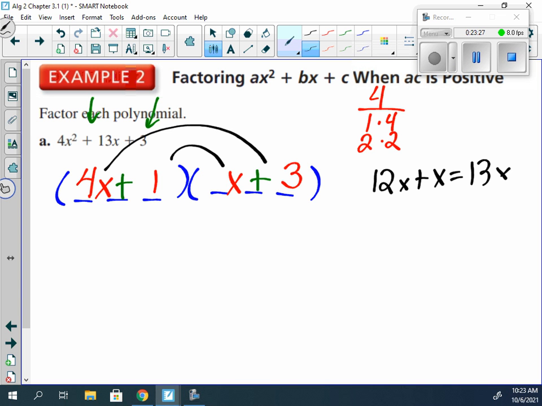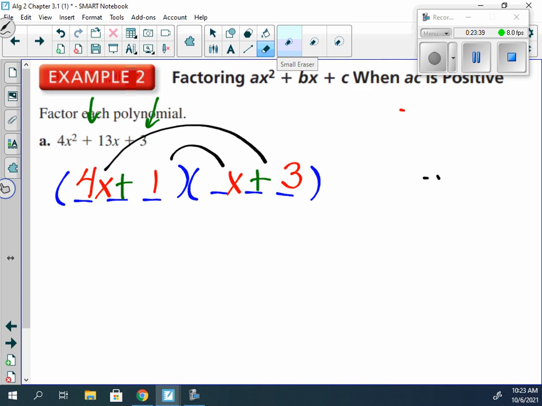Because it would be something different. So sometimes, just because it doesn't work in one order, we can always flip one of them and see if that works. I don't know why I'm erasing. Be ready for the next one.